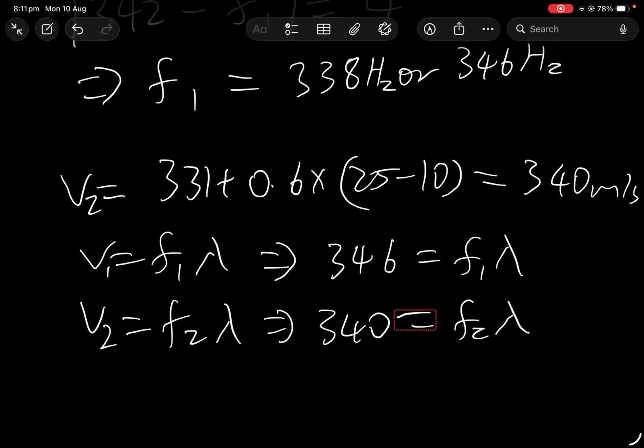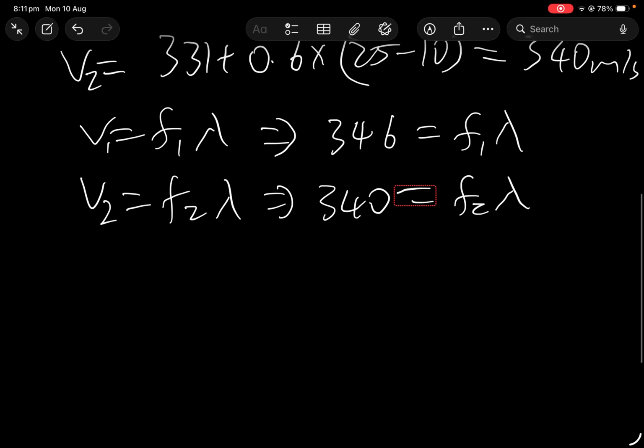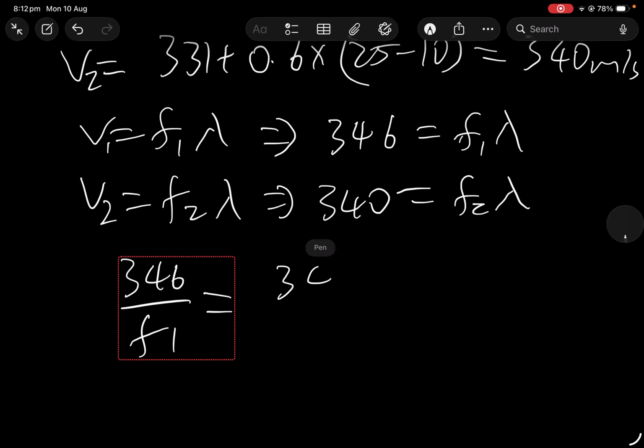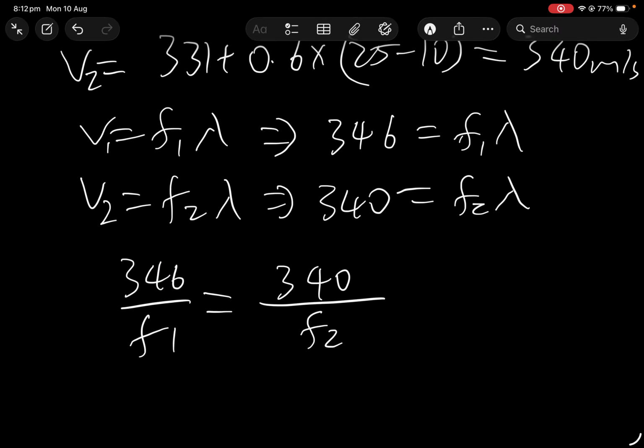It says the physical length of the flute does not change with temperature, so that means lambda is the same. So if we move F1 to the other side, it becomes 346 over F1 equals 340 over F2, as the lambdas are the same.